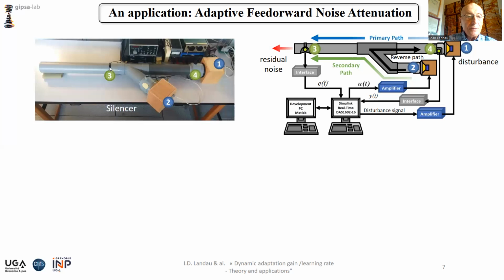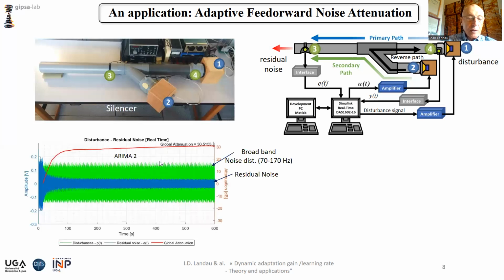And the objective is to reduce significantly this noise at this level, which is called the residual noise, measured by a microphone. In order to achieve this, we use a second loudspeaker, which is excited by the control signal, and the sound passes through what is called the secondary path, in order to minimize the noise at this level.